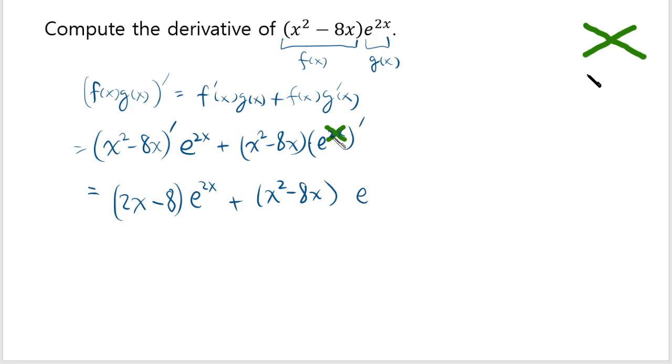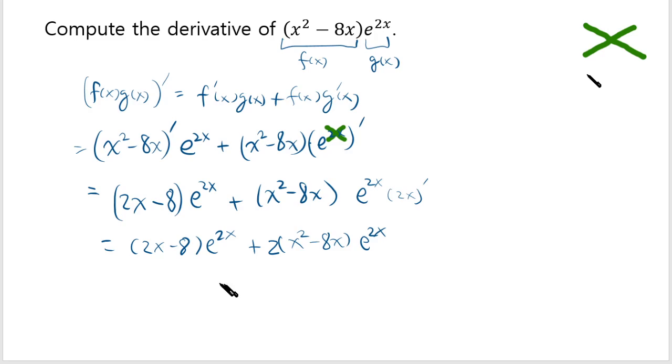But what is this thing we covered? That's 2x, right? And then we make a copy of the 2x and we differentiate, and therefore we get (2x minus 8) e to the 2x plus (x squared minus 8x) times 2 times e to the 2x. That's 2 times e to the 2x.